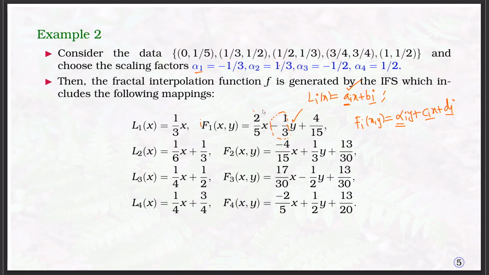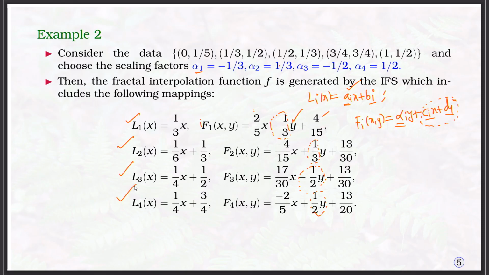Then the corresponding c and d values are given here, and the alpha is applied on y, because the remaining L_i of x just maps the data over the given range. Fine. Now, for the given data, by fixing the scaling factors, we are generating this type of iterated function system.